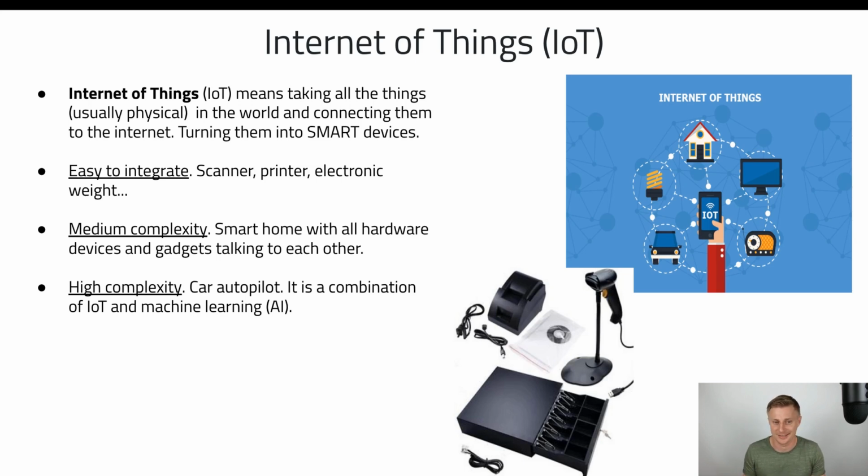You probably know this. So your software idea might require some of these IoT integrations. And you need to know that if you want something like a POS, point of sale device, that is easy to integrate. These are not technically challenging features, okay? But if you need a smart home, smart devices integrations, that would be a completely different story, okay?